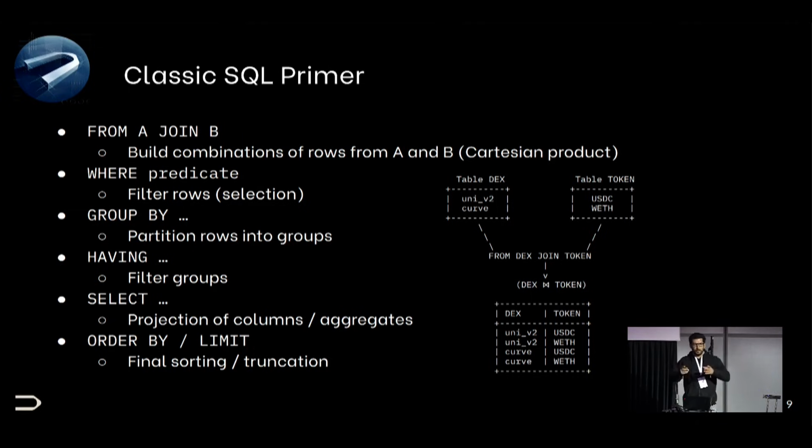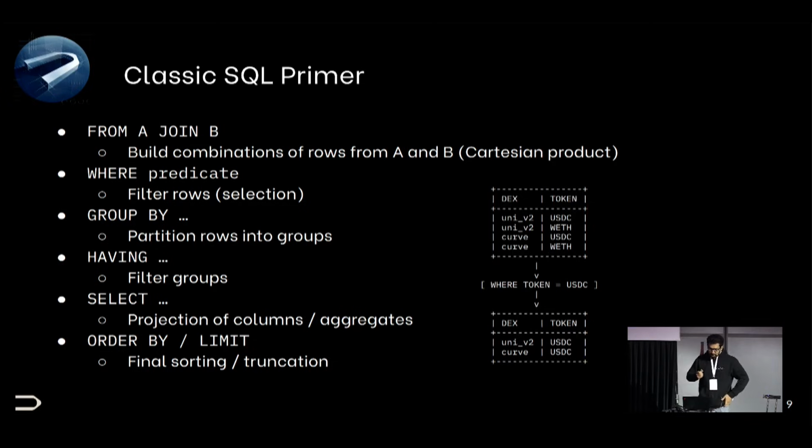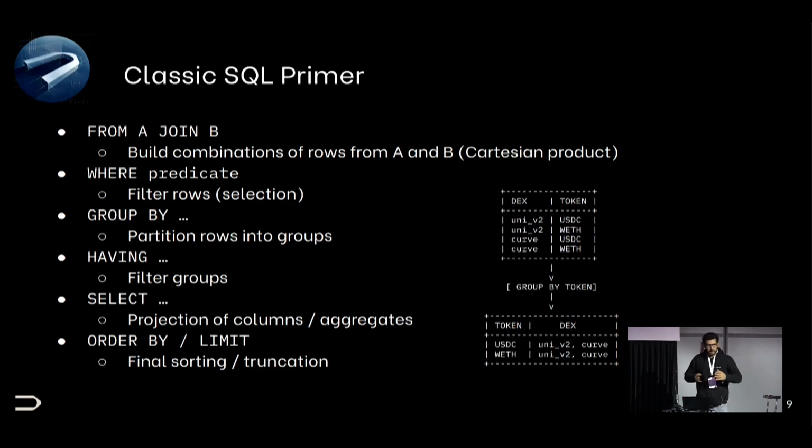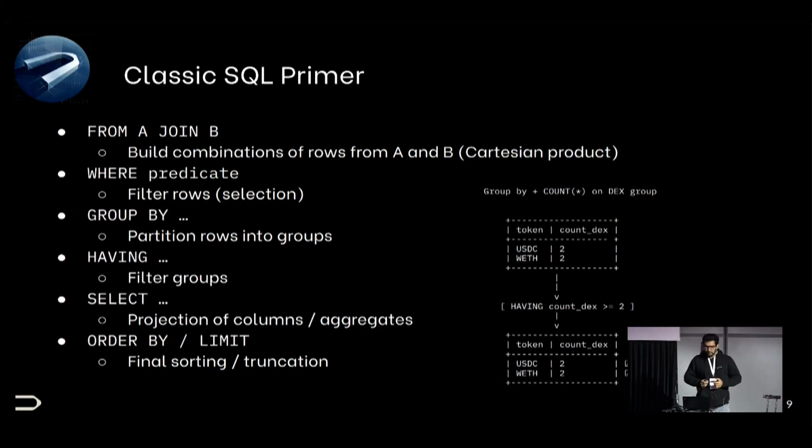And there are algorithms that, as long as you have indexes, will make the join pretty fast. This is a where clause. It's basically a filter. It filters your result set. The group by clause puts your result set into different buckets, depending on what you're grouping on. Having is like a where clause, but it only works on the buckets and the aggregates that work on the buckets.